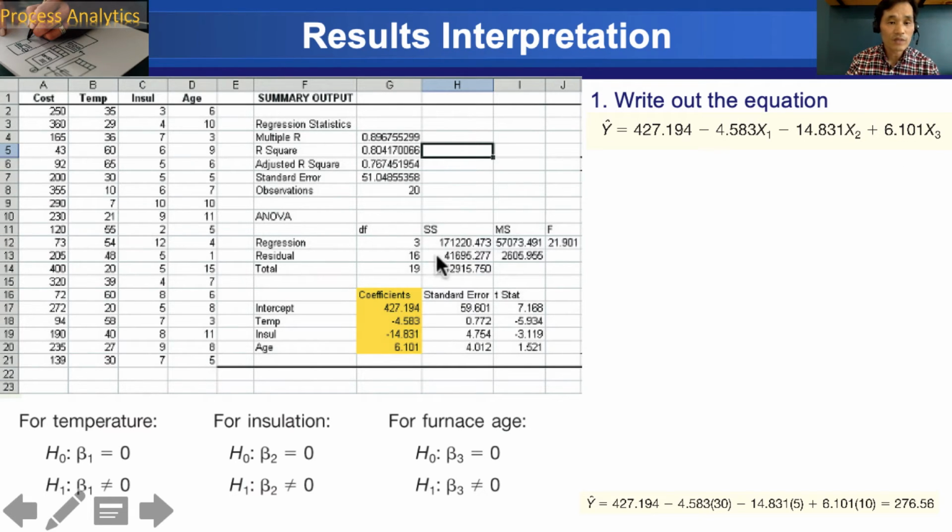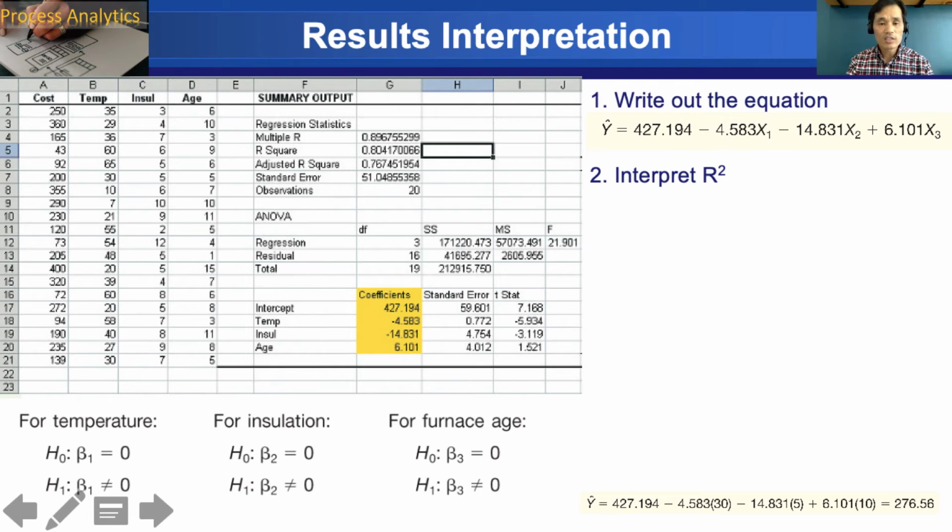And they are from these coefficients, right? Intercept corresponds to 427, so the intercept is 427. The coefficient of temperature is negative 4.5, and insulation is negative 14.8, age is 6.10, right? You see that. So here is the equation.